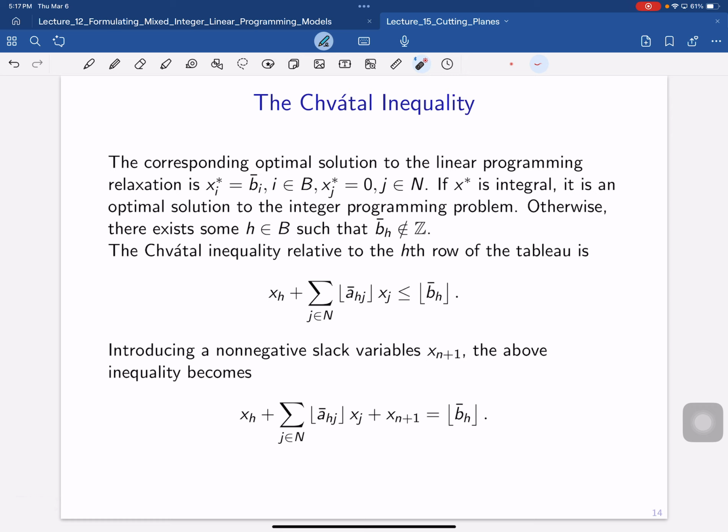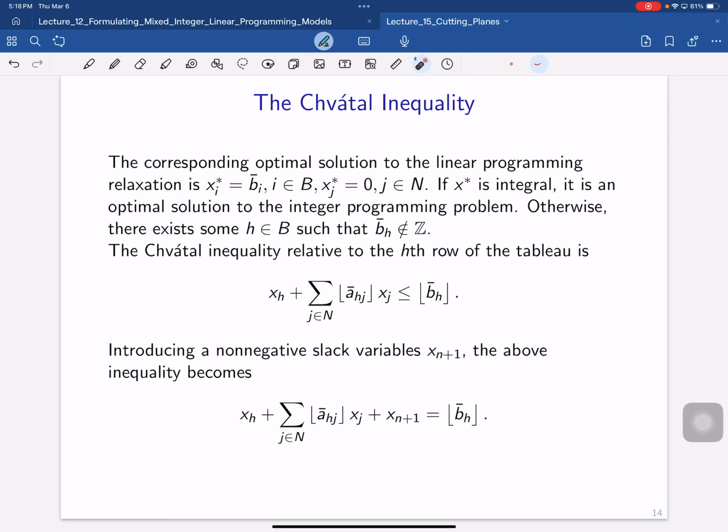Okay, so let's suppose there exists an index h in the basic indices where the right-hand side is not an integer, okay? So we could apply the Chvátal-Gomory cut to this row where the right-hand side is not integer, right? So you round down the left-hand side, round down the right-hand side, right?